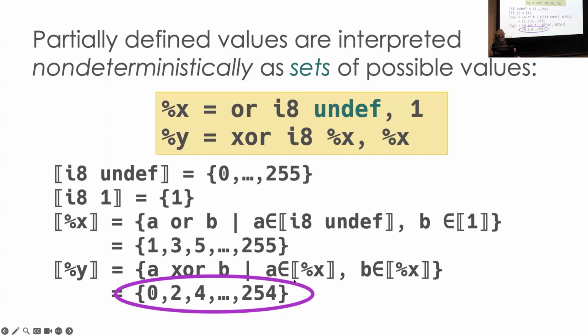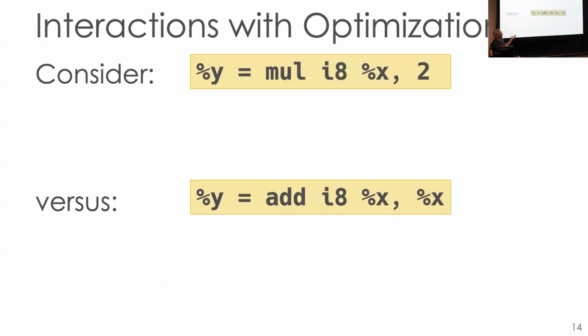But if we take X to be the OR of 1 with undef, we get actually all odd bytes. Then if we substitute those point-wise for the two uses, according to LLVM semantics, Y could be any even number. And if you branched on whether Y is equal to 2, it would be allowed to pick that as a choice. So this is complicated and it interacts with optimizations.